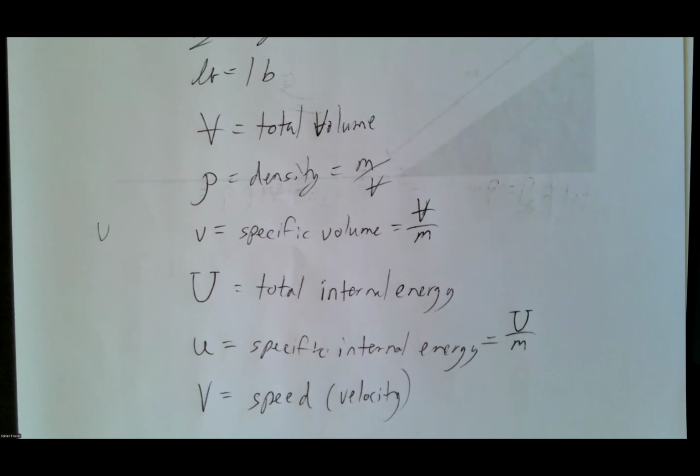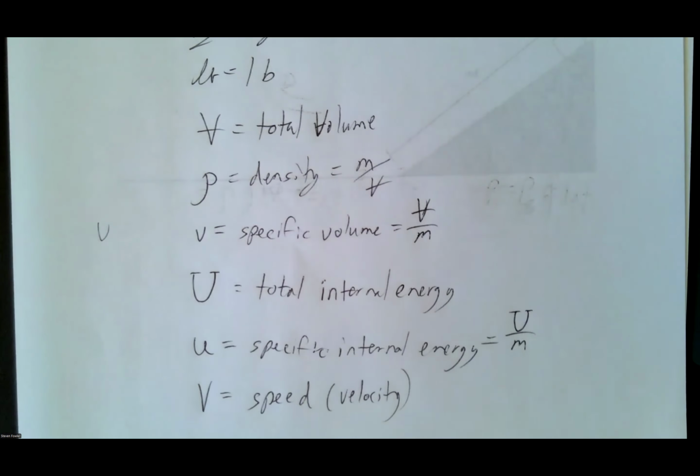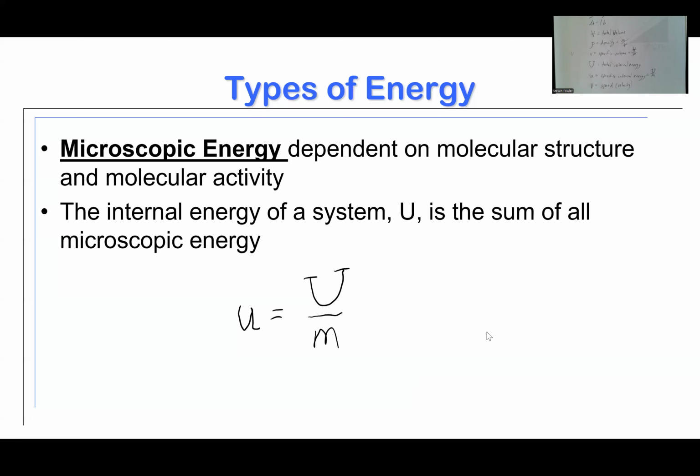Some texts will put a cross through it, but whatever you do, you need some way to know whether you are talking about volume, specific volume, or speed. Because again, we're going to see in just a second that all 3 can show up in the exact same equation. So you've been warned. Have some way of knowing the difference. This is my Steve's cheat sheet. I'll set this aside and keep it handy for us throughout the semester.